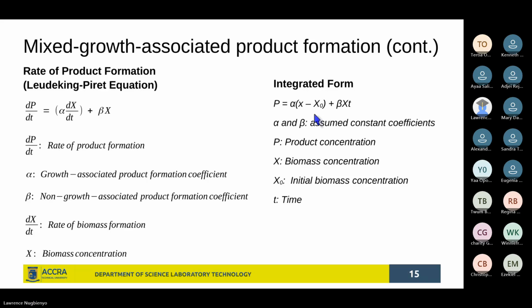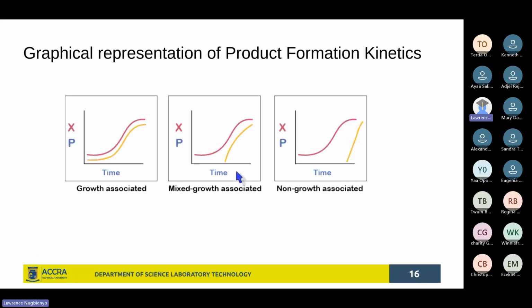Right. Now, graphically we can see this where you have the growth associated. Where we see X, referring to say the product. Actually, I think P, the colors are not matching.